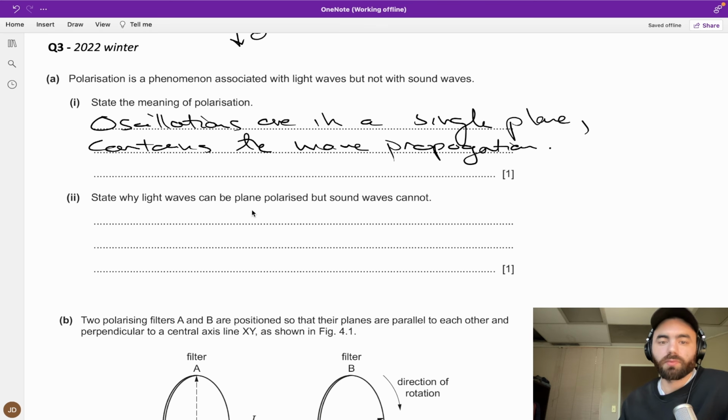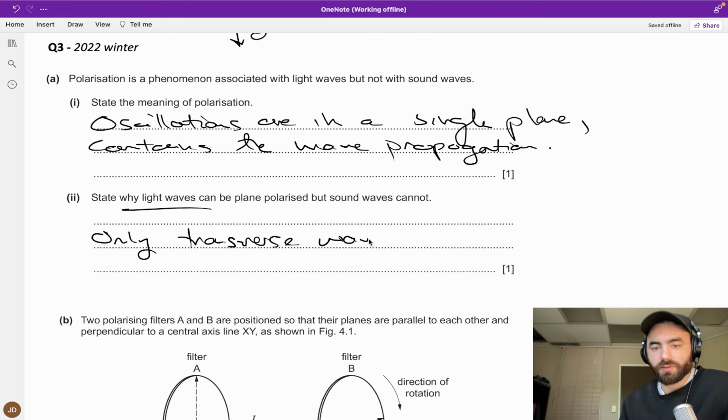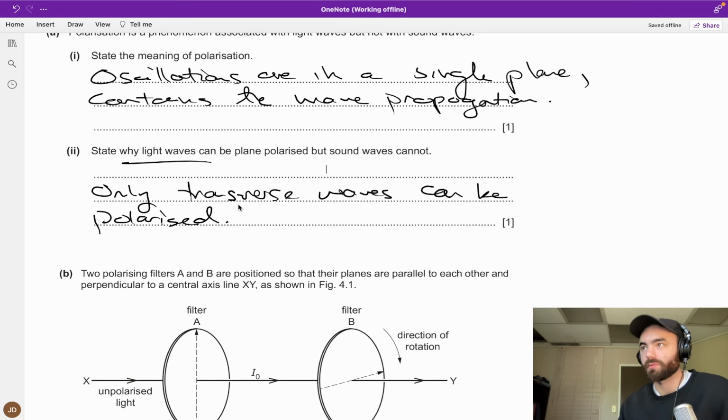State why light waves can be plane polarized but sound waves can't. This is because only transverse waves can be polarized. Sound is a longitudinal wave. Why can only transverse waves be polarized? Well, we're vibrating up and down, and when it hits the Polaroid, it's restricting it in the vertical direction. If we have a pulse, that's a good way to think about it.